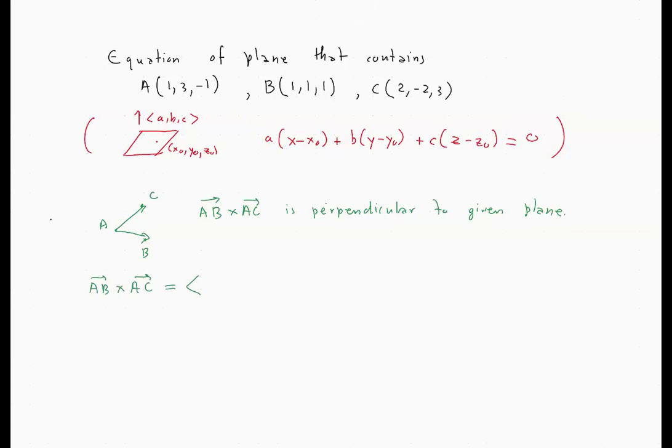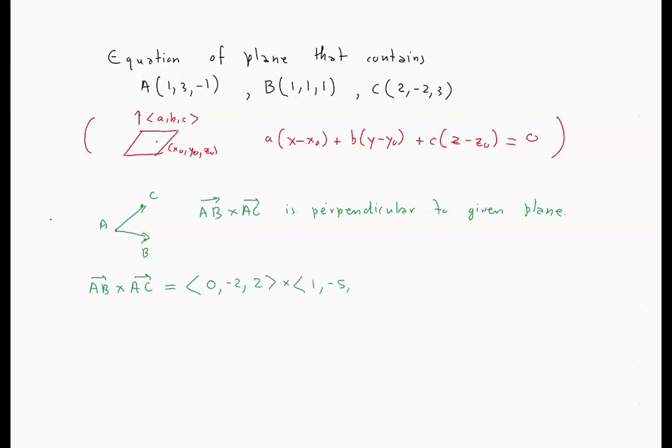And negative 1 from 1, that's 2. And we cross it with the vector that we find by subtracting the coordinates of the point A from the coordinates of the point C. So 1 from 2, that's going to give us 1. 3 from negative 2, that is going to give us negative 5. And negative 1 from 3, that is going to give us 4.